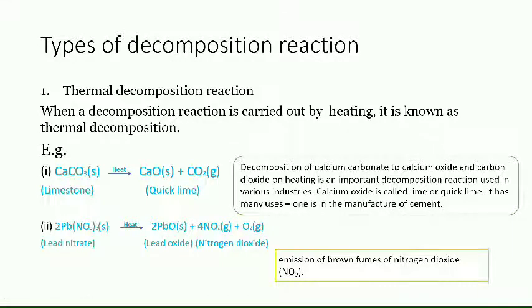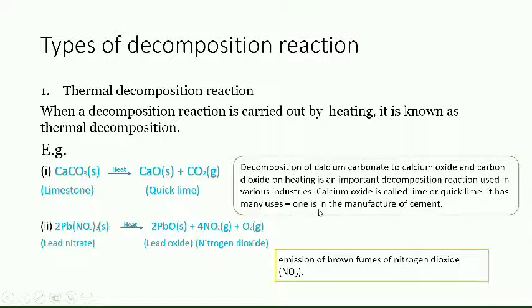We will take some examples, which are calcium carbonate, that is limestone. Whenever calcium carbonate is heated, it is breaking down into two simpler products: calcium oxide, which is quicklime, and carbon dioxide.